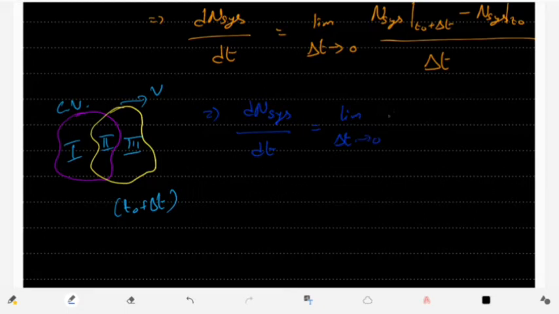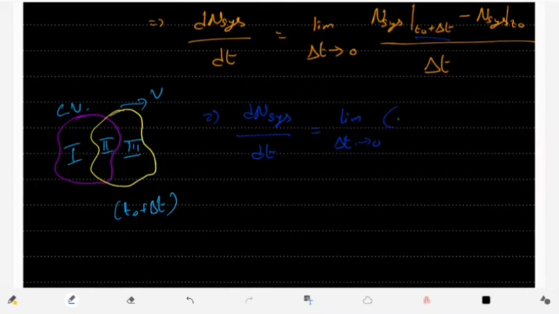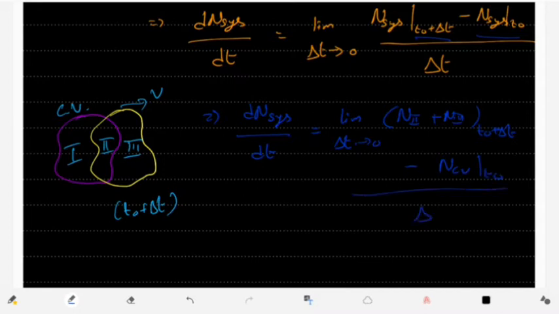Here N of system at t naught plus delta t can be written as N2 plus N3 at t naught plus delta t, and N of system at t naught can be written as N of CV at t naught, by delta t.